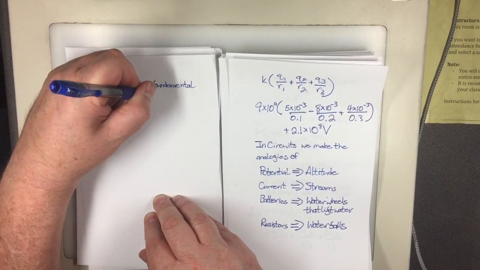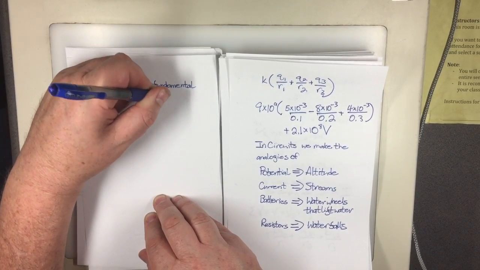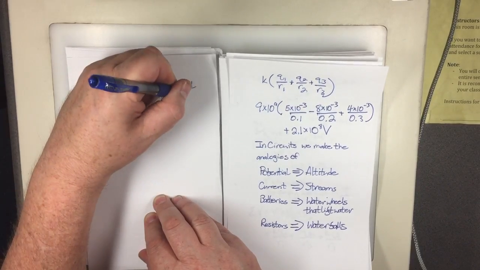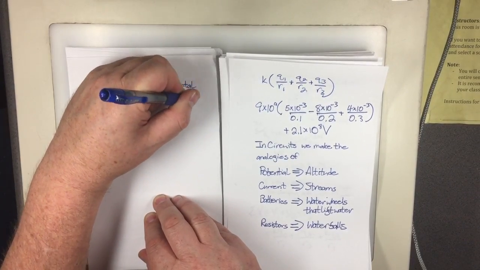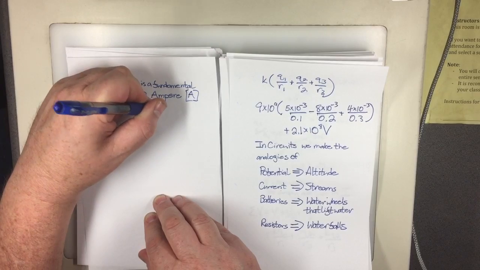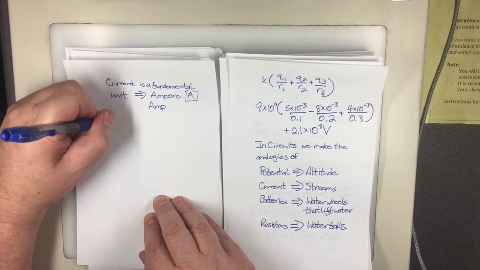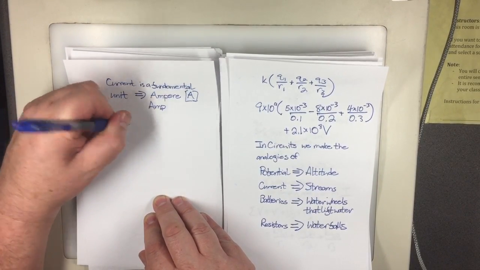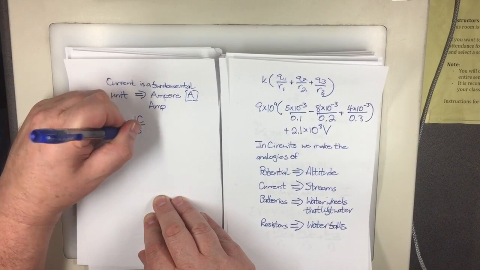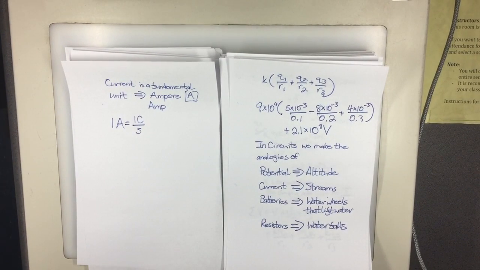It is an ampere, or an amp. 1 ampere is 1 coulomb per second. So an ampere lets you know how much charge is passing through a point over a particular time.